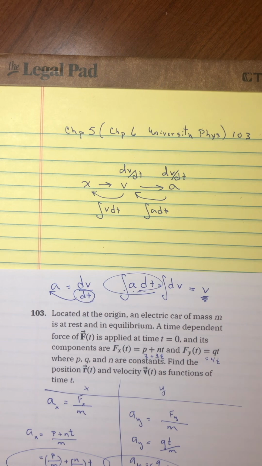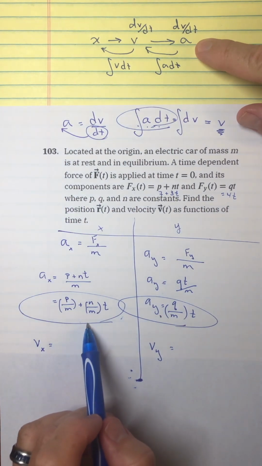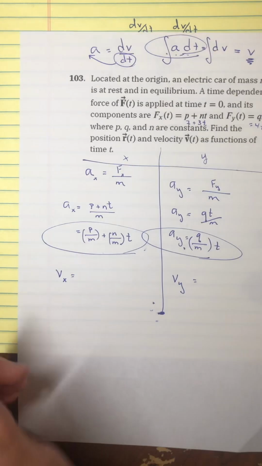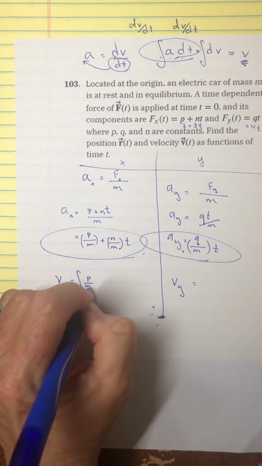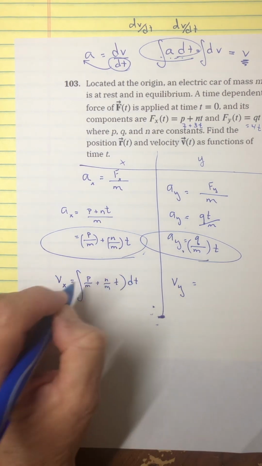So I'm doing this part of my little chart where I know an equation for the acceleration. How do I get velocity? I integrate. So let me integrate this thing, which is p over m plus n over m t, dt.